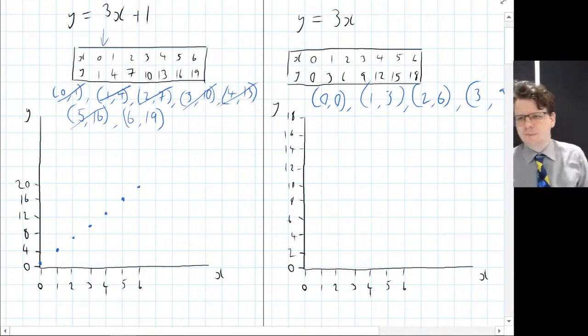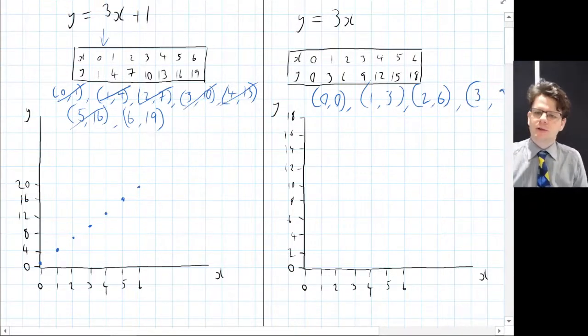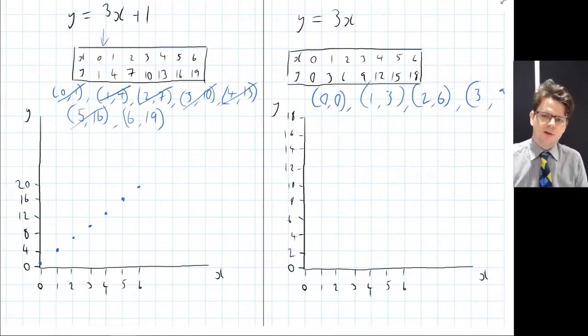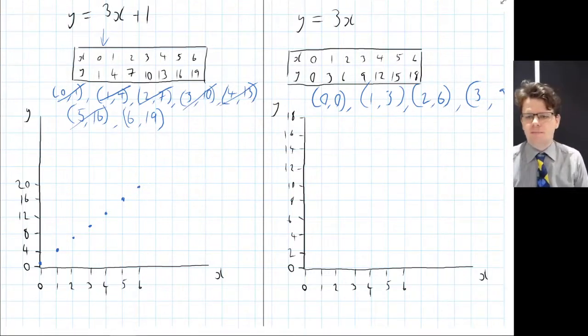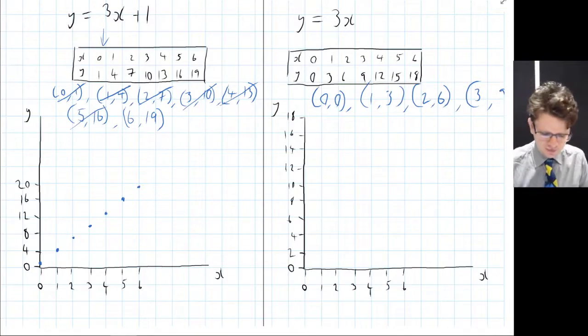Alrighty, so started with an equation, turned it into a table of values, turned those values into points, and then plotted those points. And you see I've made a beautiful line.